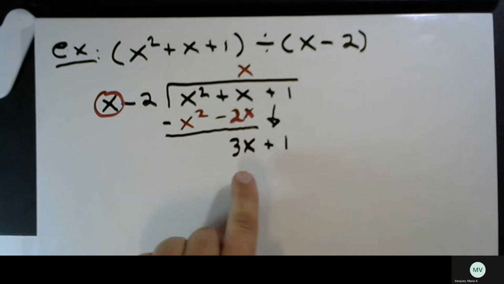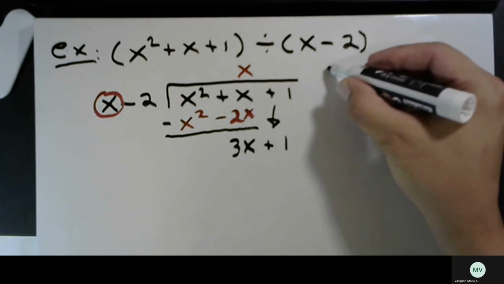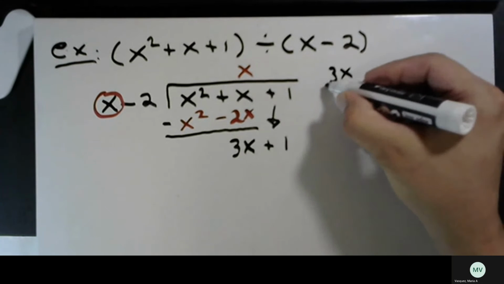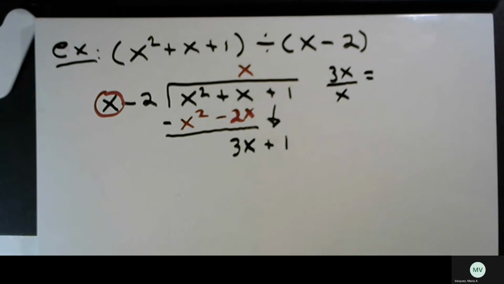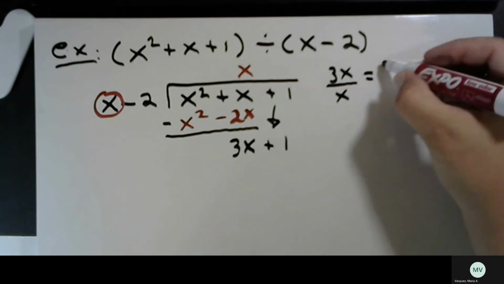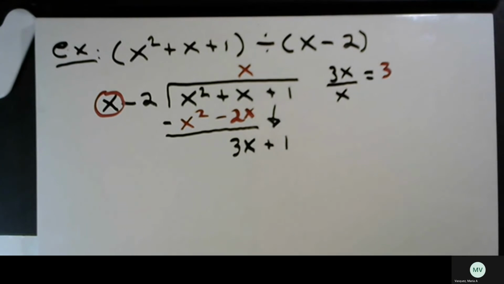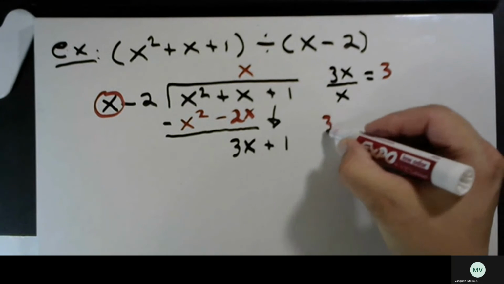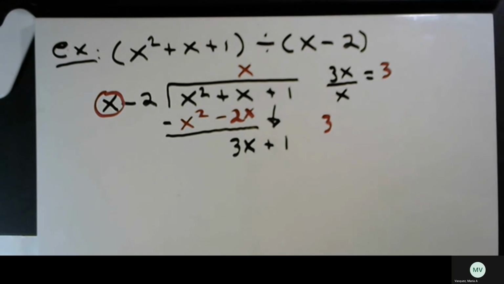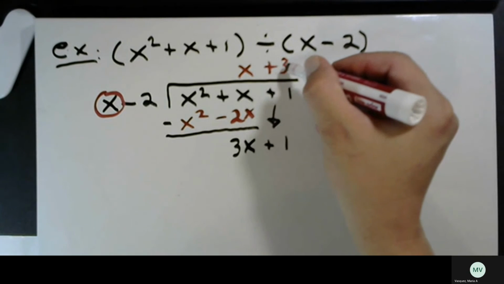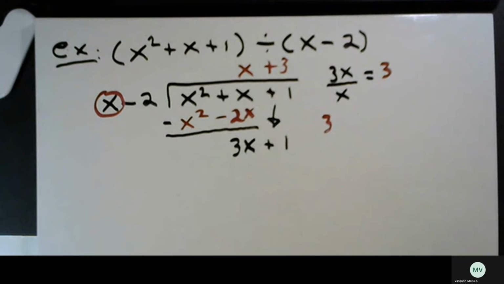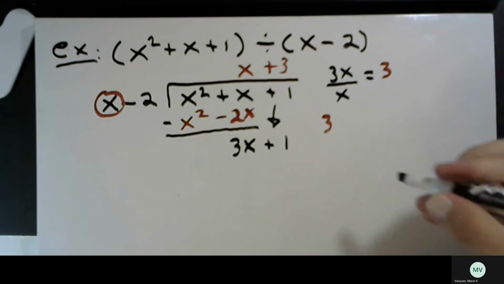So this first term divides into that first term. So this 3 will multiply the divisor.